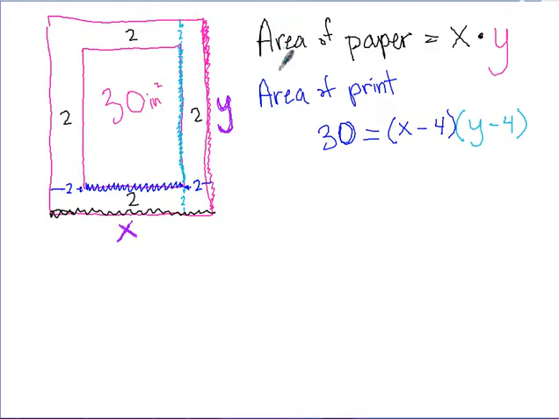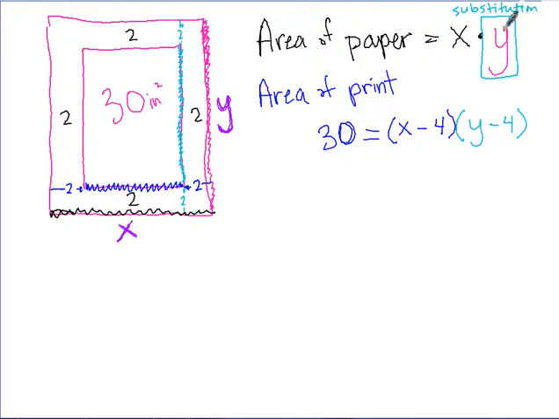I have the area of the paper, which is the outside X times the outside Y, and I also have the area of the printed stuff on the inside, which is the outside length minus 4 times the outside height minus 4. So if we want to express the area up here, that means we need to substitute. We have to use the algebraic property of substitution.